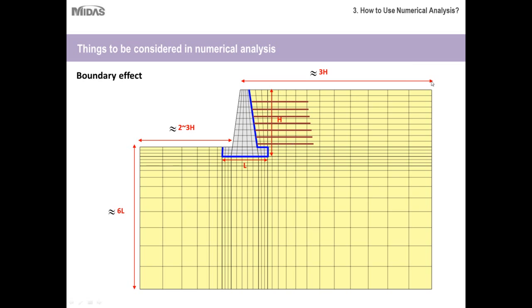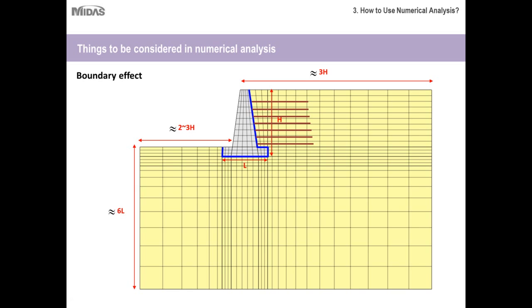you will see that if h is the height of the wall, then you have to approximately consider the boundary in the horizontal direction as 6 times the height, and if the width of your foundation is L, then you have to go below the foundation to approximately 6 times the length or the width of the foundation. So these are some empirical formulations that you should bear in mind.